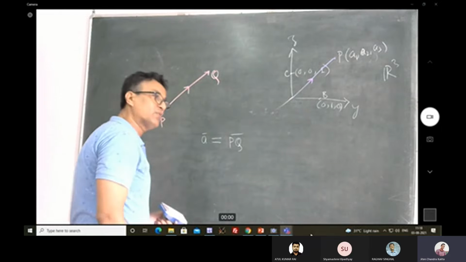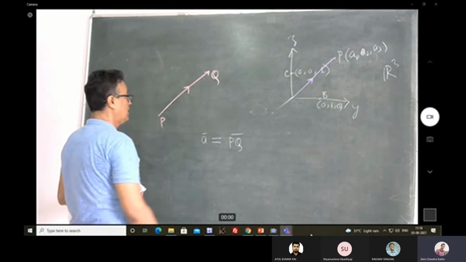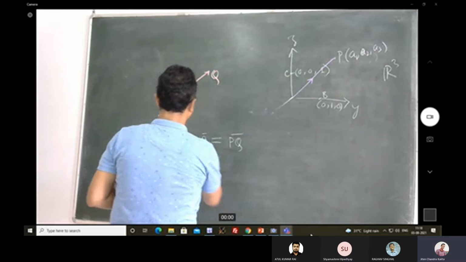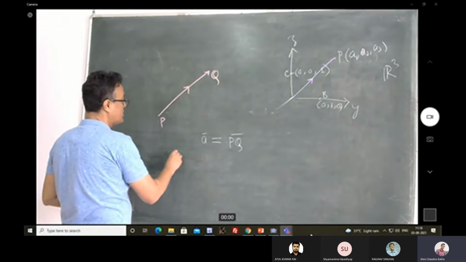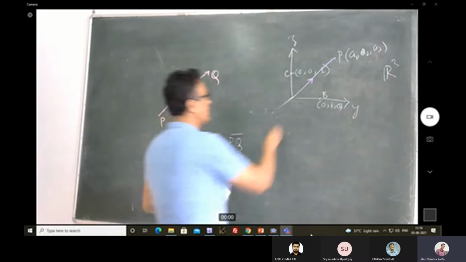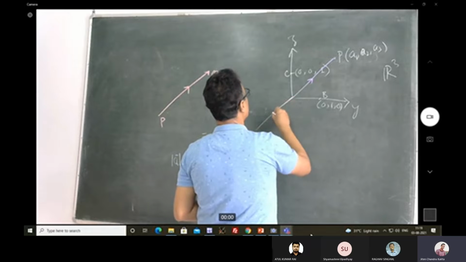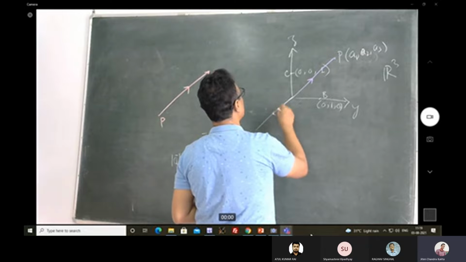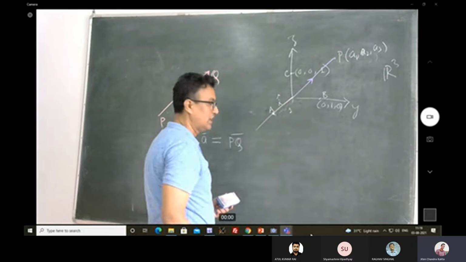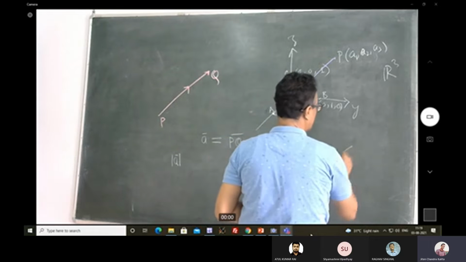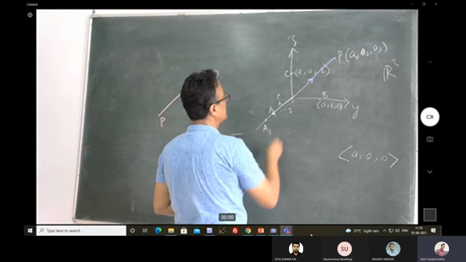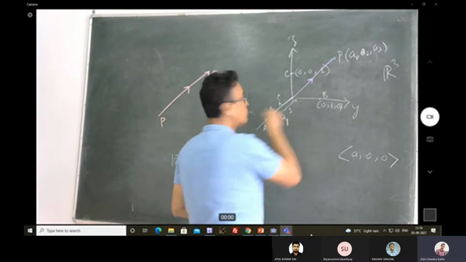Now the magnitude of A is simply denoted by mod A. Likewise, we saw that you take OA, I took this length as 1, and if I consider the point A1, 0, 0, so that means this length is small a1, right?